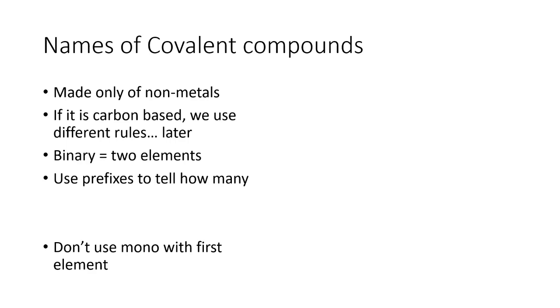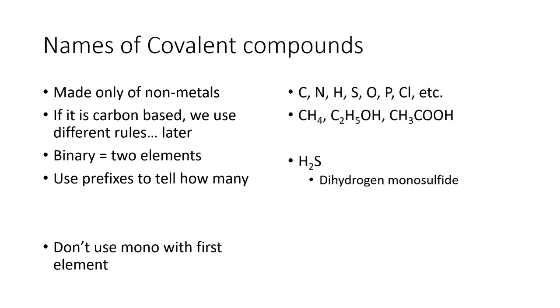All right. So as an example, I had showed you previously H2S. I said that was really toxic. It smells like rotten eggs. So what we would do is name hydrogen first because it appears in the name first, but we would put the prefix di to mean two. So dihydrogen.